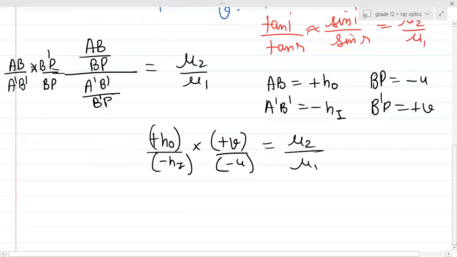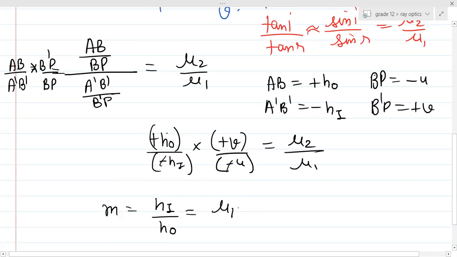And from here, do you remember this HI by HO? Magnification is basically HI by HO, right? So can I rearrange? HI will go over here, HO over here, mu1 over here, mu2 over here, the minus and minus signs will get cancelled out, right?